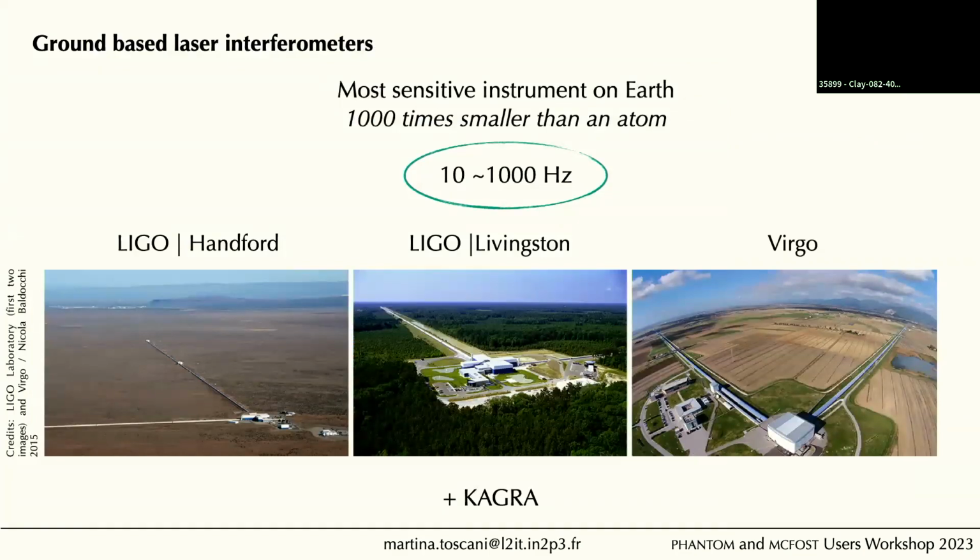are ground-based interferometers. And I think that these instruments are among, if not the most, sensitive instruments on Earth, because they need to be able to measure differences in length that are 1,000 times smaller than the size of an atom.